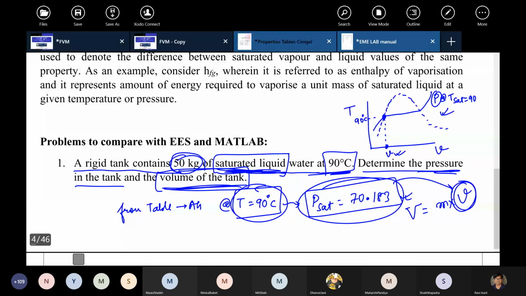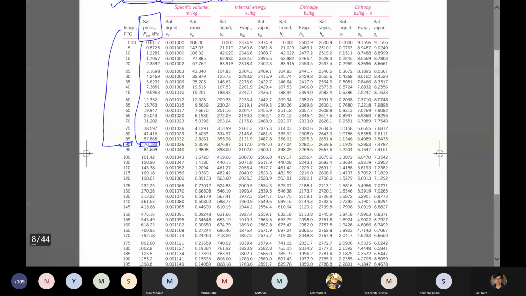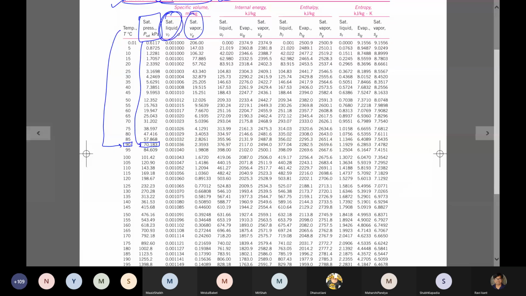Okay. Now, this is the saturated vapor volume, and this is the saturated liquid volume. Since I know this is a saturated liquid condition, there are no mixtures, so this is your answer: 0.00136.